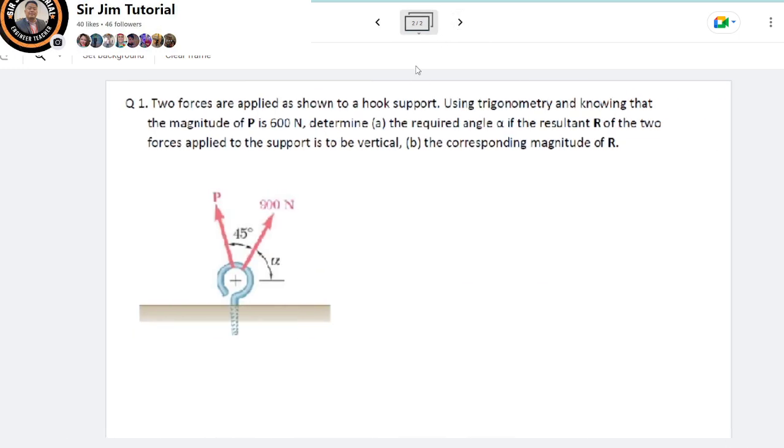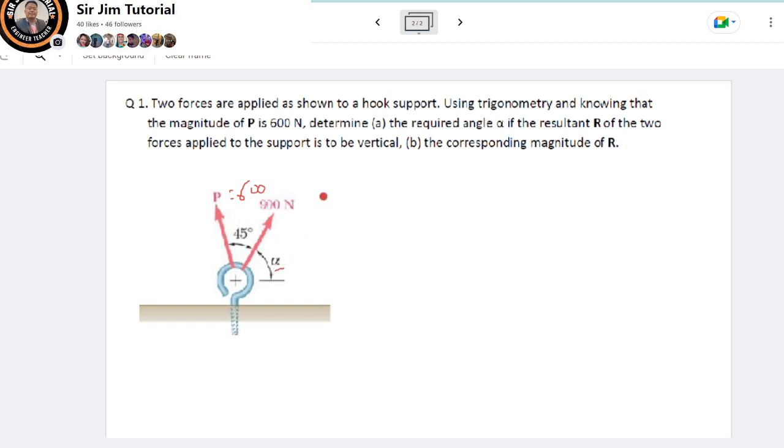Now let us have this another problem. Another problem is similar, but here you have to take note. Say this problem, you are going to use trigonometry, and then P here is equal to 600. We're required to determine the angle. This one, it's very clear.